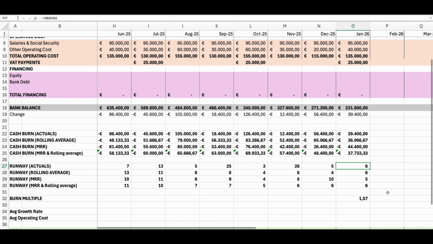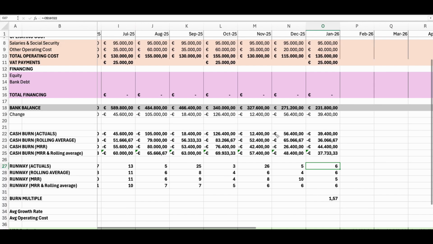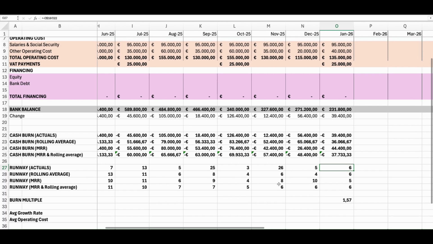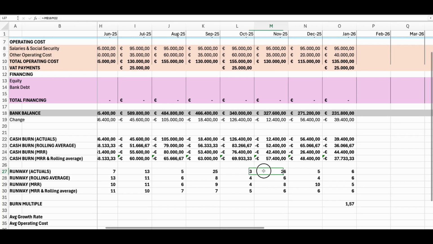Now, what I said about the volatility of these: it's one thing to have the cash burn for a specific month, and that's fine. But if you use that number to calculate runway, then depending on whether you've adjusted it with a rolling window or not, you're going to get runway estimates that jump wildly from 3 months to 26 months.